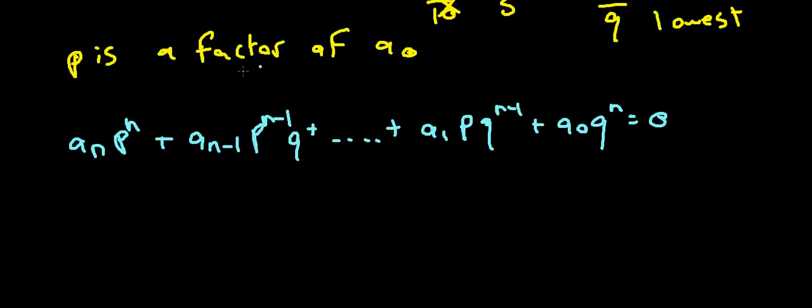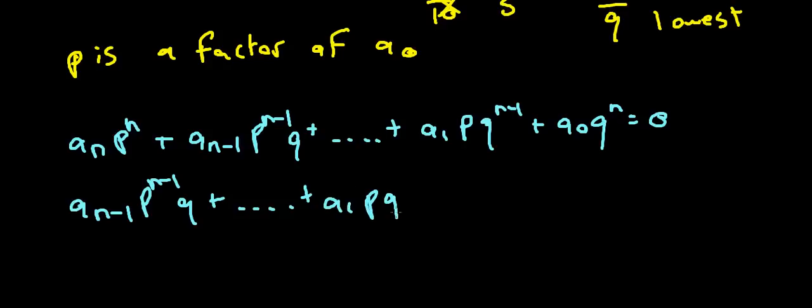Now what we're going to do is subtract a_n p to the n to the other side. And that'll leave us with a_(n-1) p to the n minus 1 q plus, and so on, a1 p q to the n minus 1 plus a0 q to the n is equal to negative a_n p to the n.